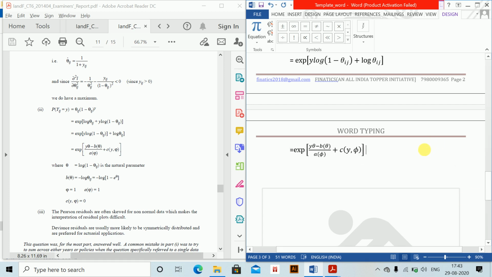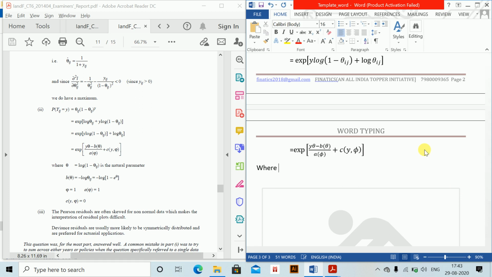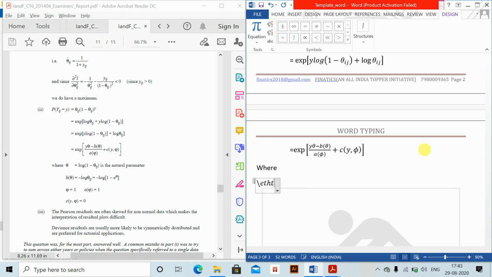So where \theta is equals to log of 1 minus \theta_ij is the natural parameter.